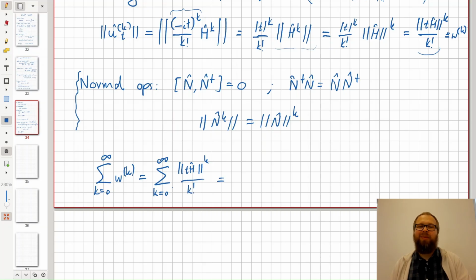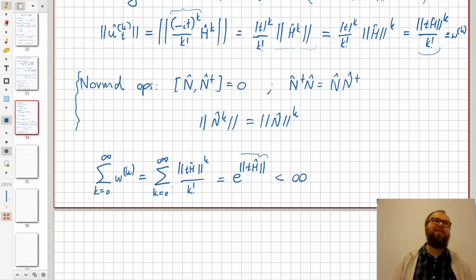This is nothing else but the normal number exp, just a function. So we know that this bounding series converges, and we even know the value to which it converges. It's the exponent of this norm, which is finite.